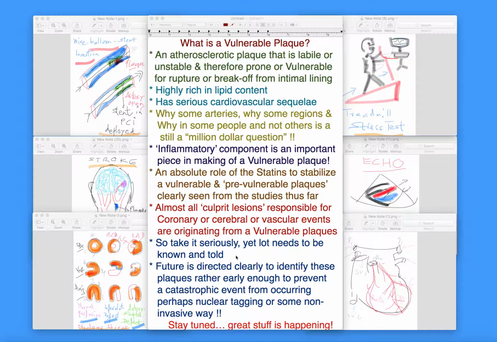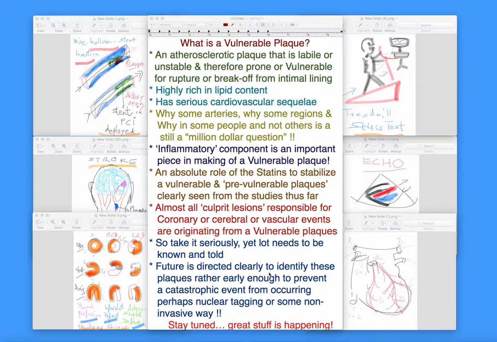The only remedy at hand right now that cardiologists have is to intensify the statin therapy or the cholesterol therapy in these individuals to see if we can stabilize some vulnerable plaques, or some of the pre-vulnerable plaques, as I call them. And those studies are clearly seen to help, specifically if statins are on board with the therapy.